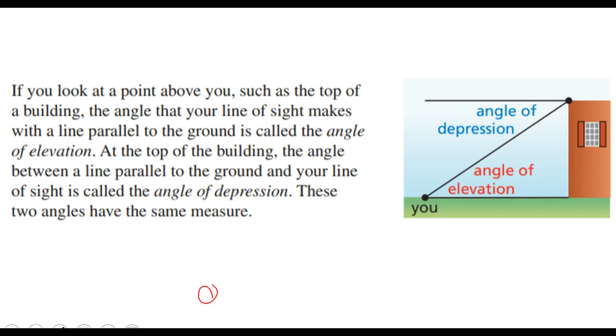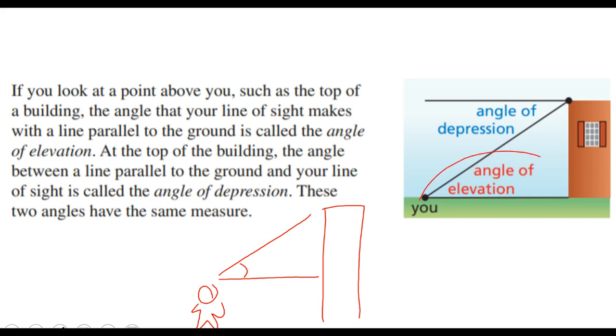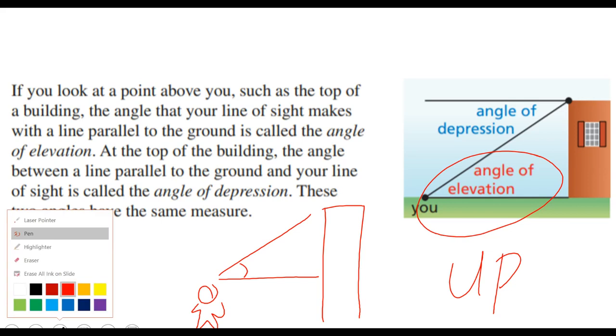So if you are standing at the bottom or below, and you are looking up, let's say you have your building, so if you are looking upwards, the angle you form in here will be the angle of elevation because you're looking up. So that is your keyword, up. So you're looking upwards. Now let's do the opposite.